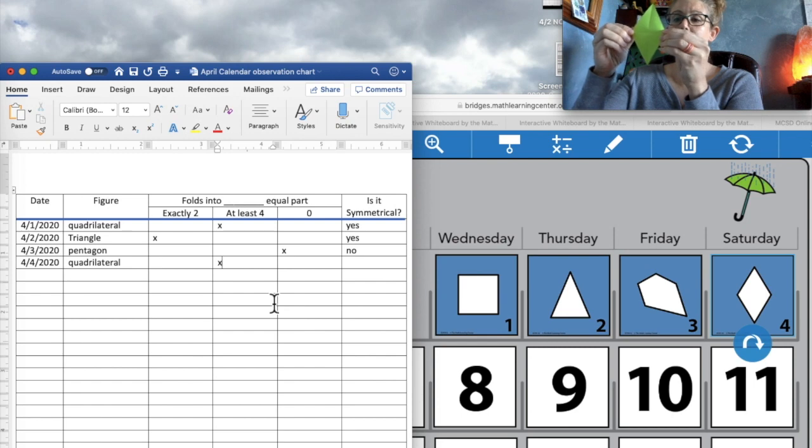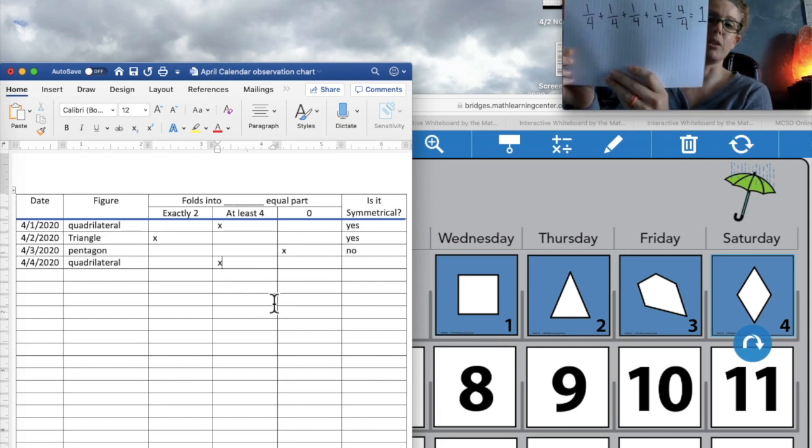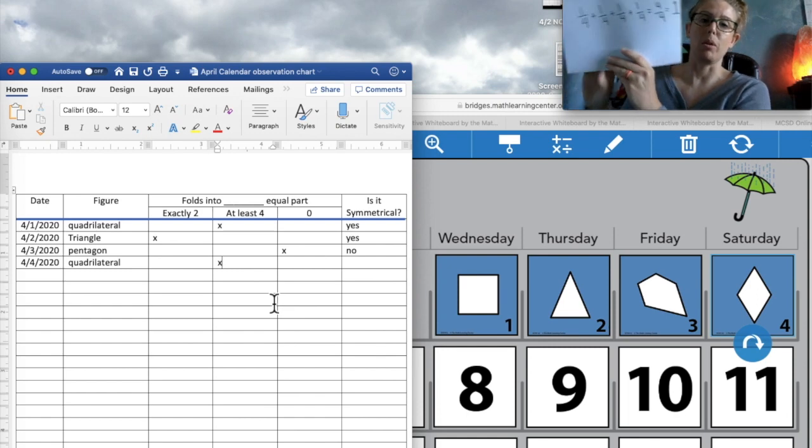So remember, boys and girls, that if we have those 4 equal parts, it is fourths. 1/4, 2/4, 3/4, and 4/4 equals 1 whole. If I look at my number sentence here from the other day, just like our quadrilateral that we had on Wednesday, we have 1/4 plus 1/4 plus 1/4 plus 1/4 equals 4/4, or we call it 1 whole.